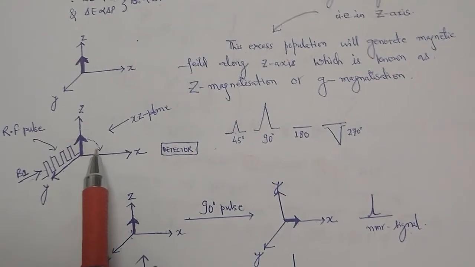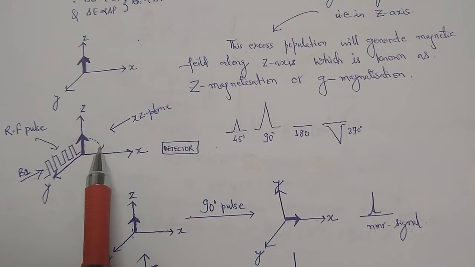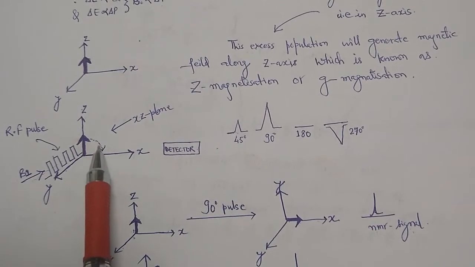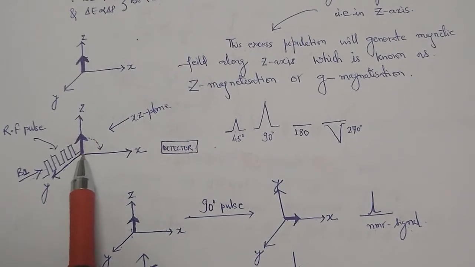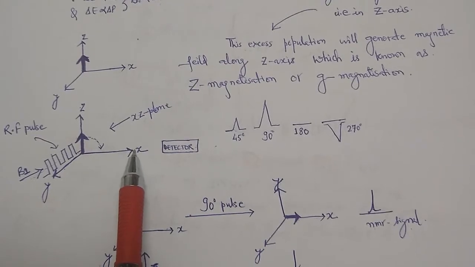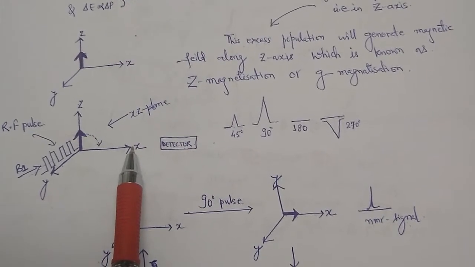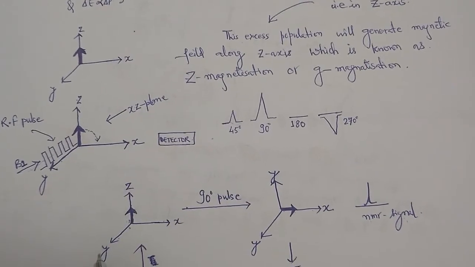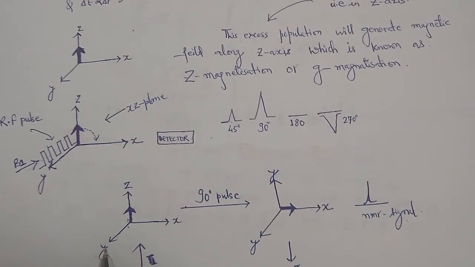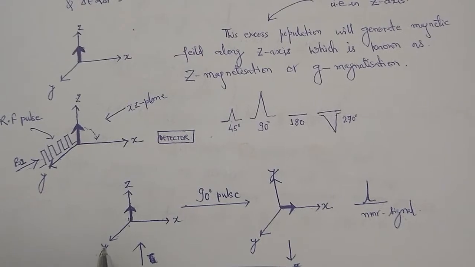So if we control the radio frequency in such a way that at 90 degrees all this magnetization aligns towards the x-axis, we will get the intense signal. So with the controlled pulse we can achieve an intense signal.